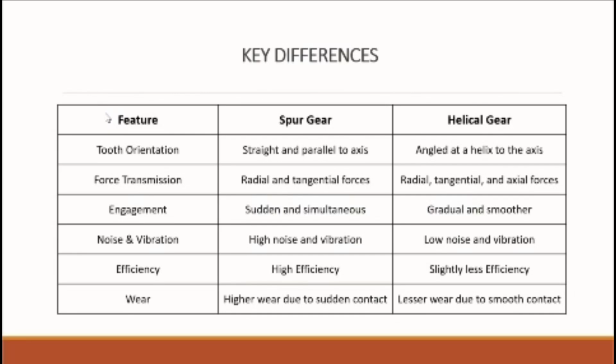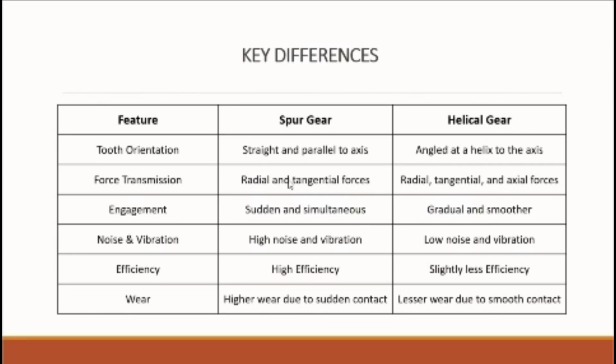So the key differences are stated here in this slide. As we can see, the tooth orientation for spur gear is parallel to the axis of rotation, and for helical gear it is at an angle called the helix angle to the axis of rotation.